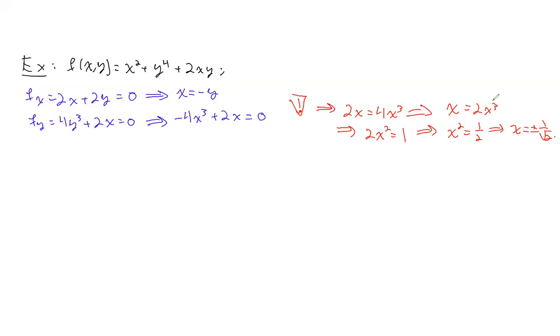The problem with doing this is at this step right here, because at that stage, what if we have that x is equal to 0? If x is equal to 0, then we just divided by 0, and that's not going to work.